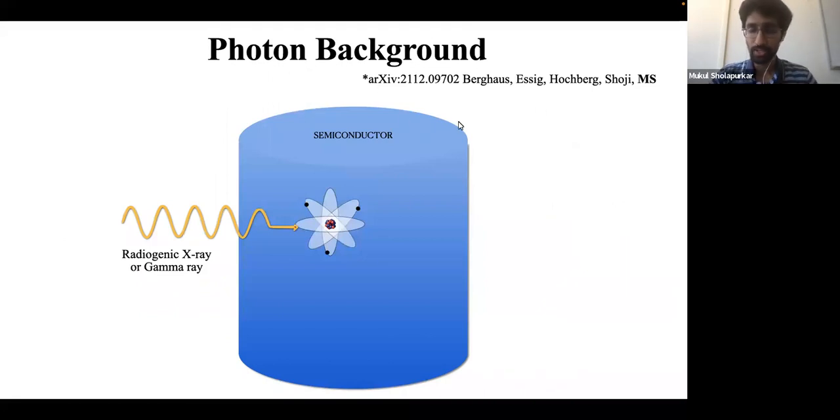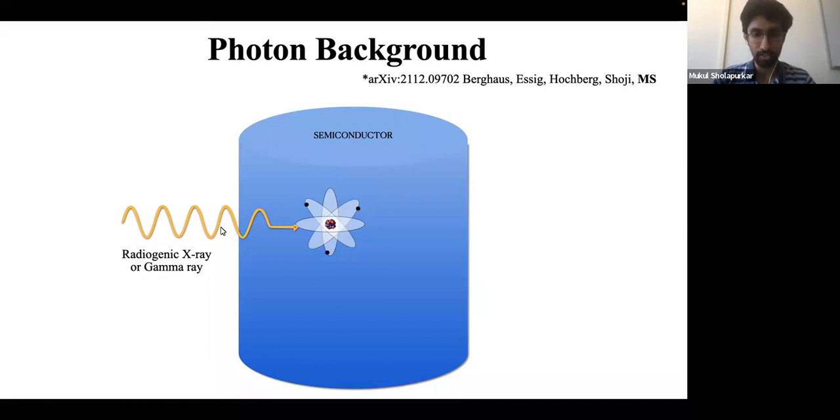So in our recent paper at the end of 2021, we estimated one such background for these proposed searches, and it was a high energy photon background. So the photons that are coming in are high energy, and even in well-shielded underground environments, you always have these radioimpurities which emit X-rays and gamma rays of the order keV to even MeV scales.